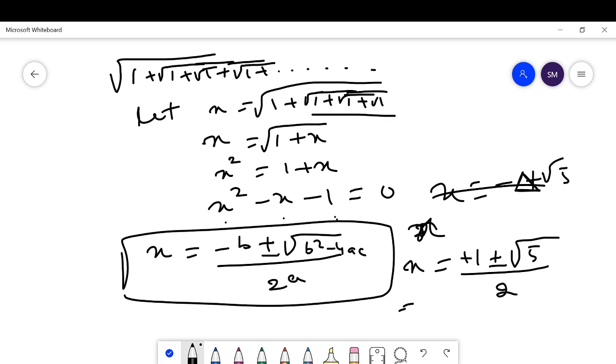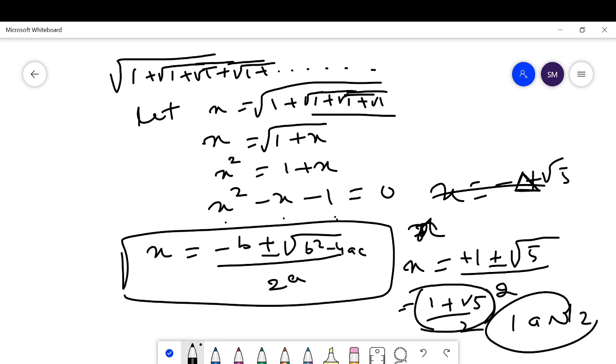Then what is this? This is 1 plus or minus root 5 upon 2. Means this lies between 1 and 2. This is an irrational number which lies between 1 and 2.